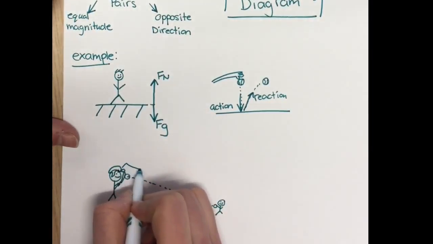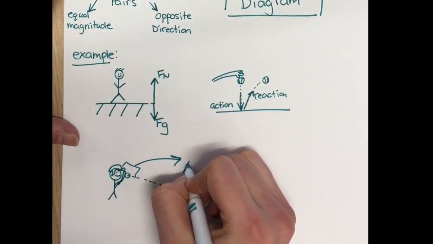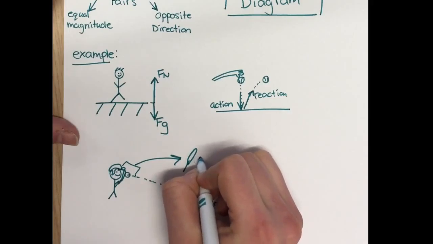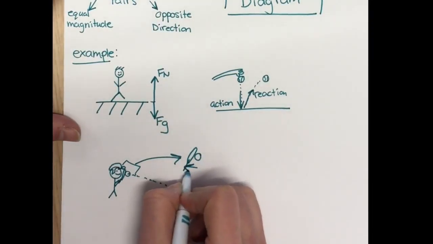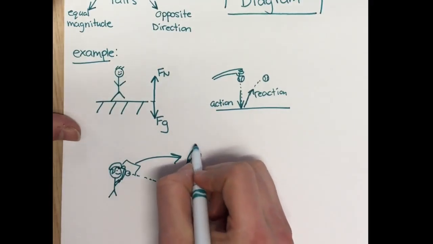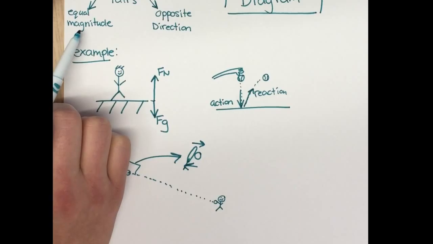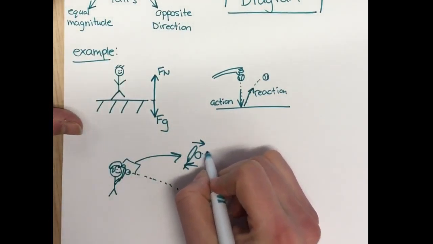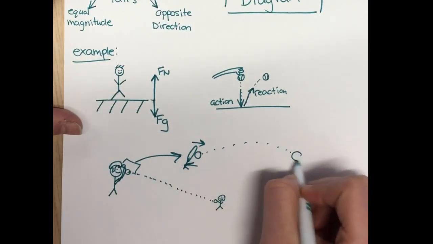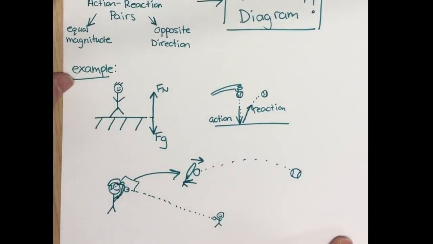Now, if we take a closer look at what's going on over here, we have the bat and the ball. The ball exerts a force onto the bat, and the bat exerts a force onto the ball that has the same magnitude but opposite direction, and this causes the ball to go back into the field over here. These are some examples of Newton's third law of motion.